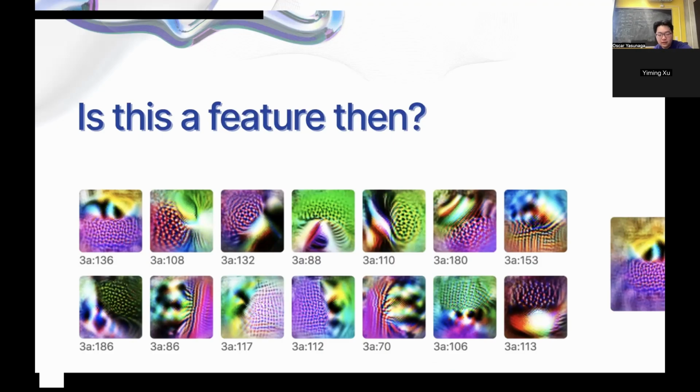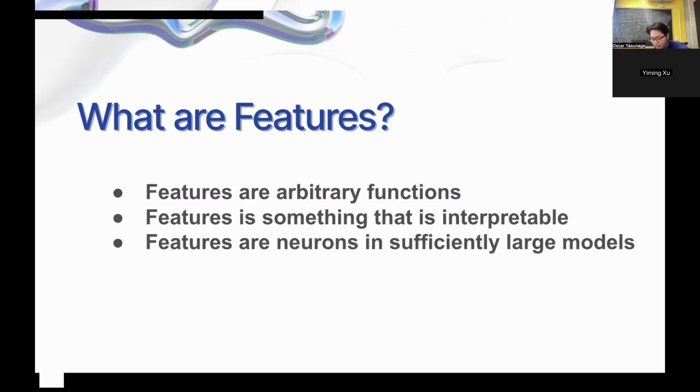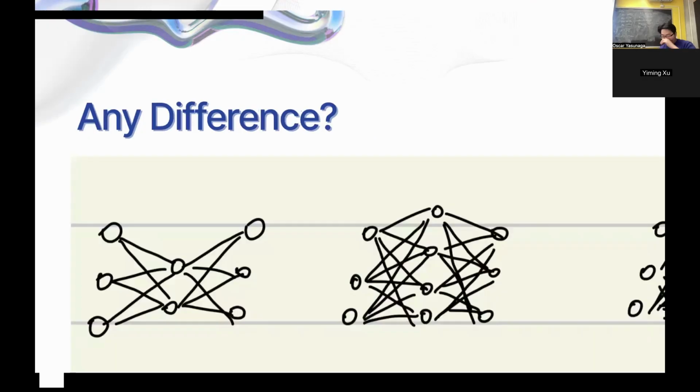And so what the authors provide is two kinds of definitions. The first one is that features are neurons in a sufficiently large model. What does that mean? I guess that tries to answer what the functional difference is between a model with, let's say, two hidden neurons versus a model with four hidden neurons versus a model with 200 neurons, right? Is there any difference?